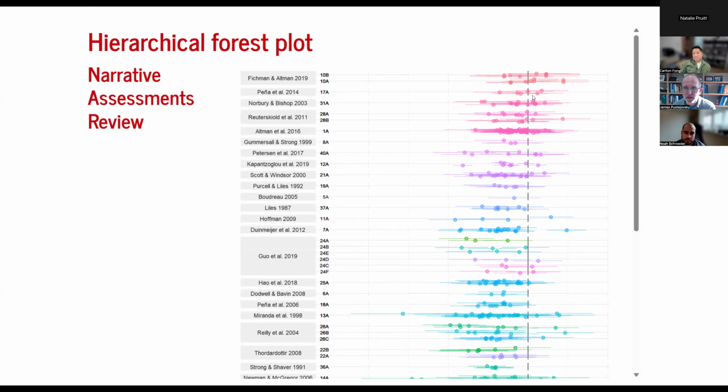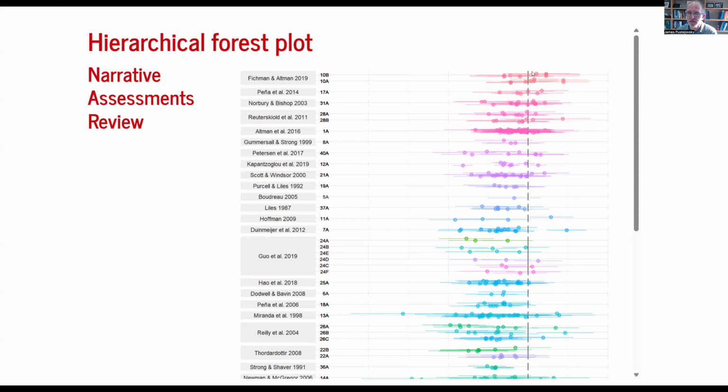There's variation within studies or within samples here in the effect size estimates, and then there's variation between studies. And we can pull those two things apart using the correlated and hierarchical model, or really using any sort of hierarchical meta-analysis model. But one of the assumptions of those hierarchical random effects models is that the degree of within study variation is consistent across studies.